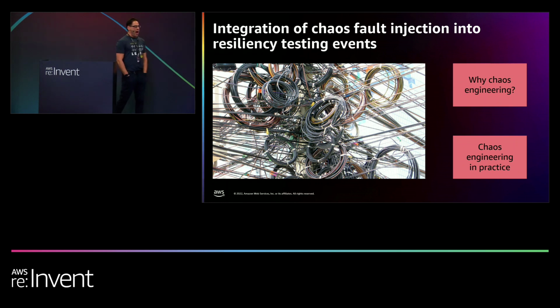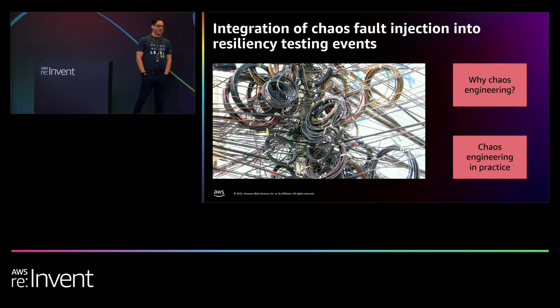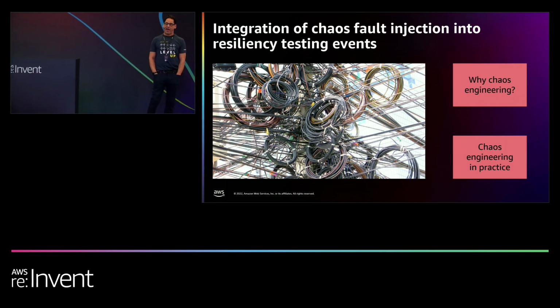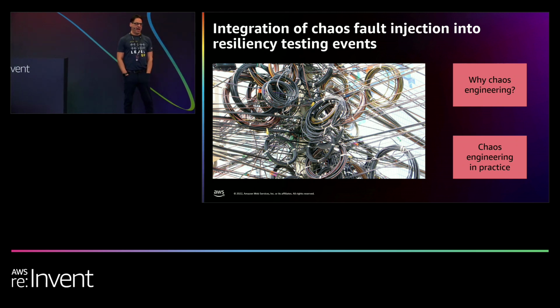When we talk about how Capital One actually performs chaos, we have four different types of events. We have a regional testing event that happens multiple times a year. It's a planned event, and application teams have to participate in at least two.